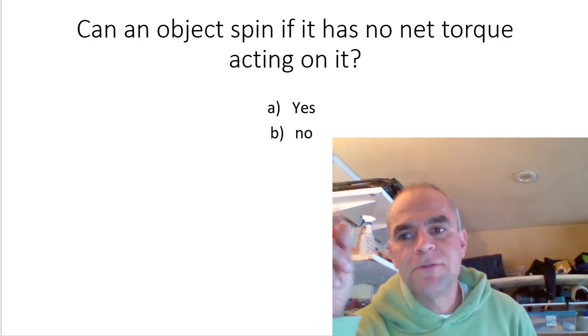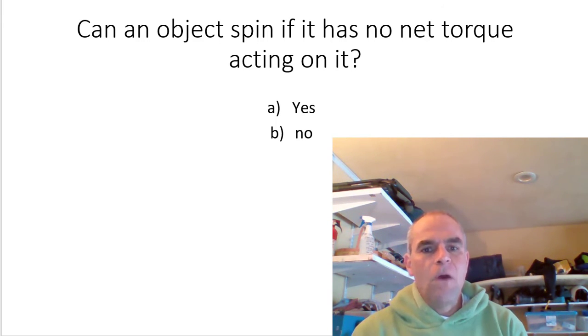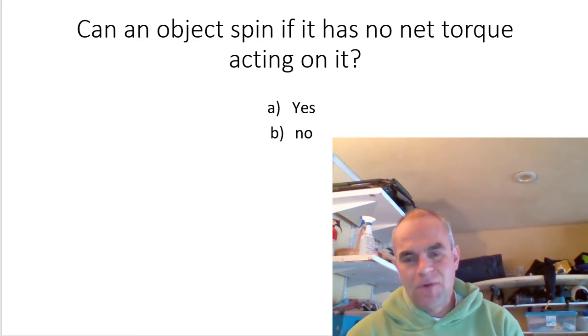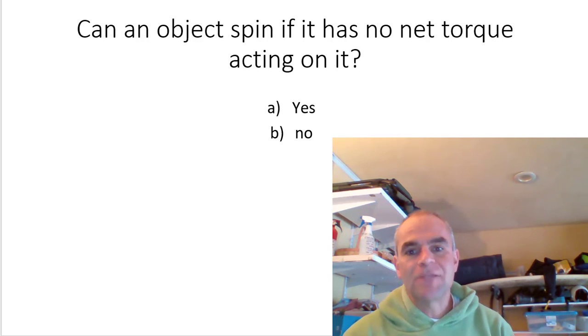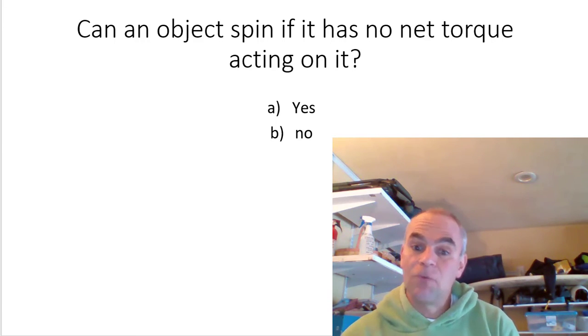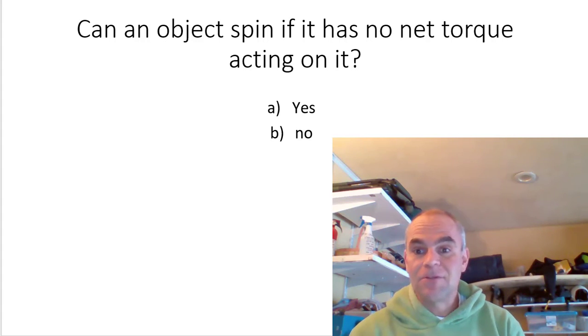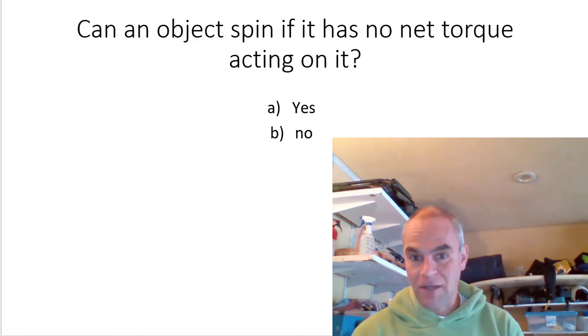I want to conclude the talk on torque with just a couple questions. One is to think about this question, which I would have asked as a clicker question if this were class. Can an object spin if it has no net torque acting on it? And I want you to think, as you consider this problem, think of torque as the rotational equivalent of force. And so the equivalent question for force would be, can an object move if it has no net force acting on it?